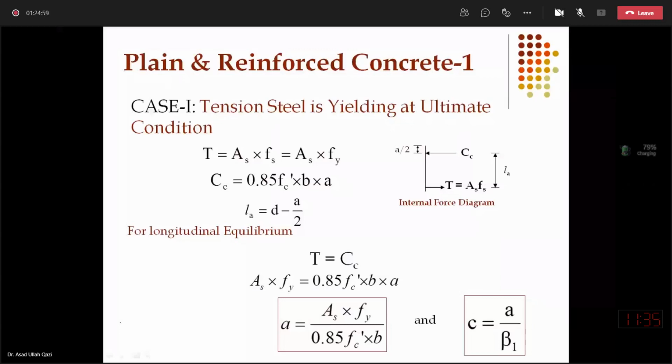For example, we are writing the equilibrium equation at a section. Always keep in mind that we are talking about a beam, suppose, and that beam is simply supported, and the midsection of that beam is under review.